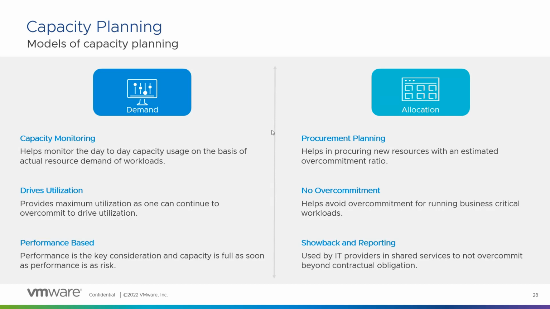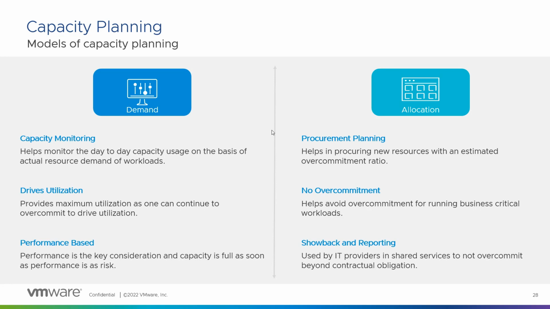I can configure it to do that, where I don't care about utilization. I just care about what I've allocated to the virtual machines versus what I can allocate on the physical environment. So with allocation, there is no utilization involved. This is purely based on what is allocated to the virtual machine compared to the overcommit ratios that you have configured for the cluster itself.